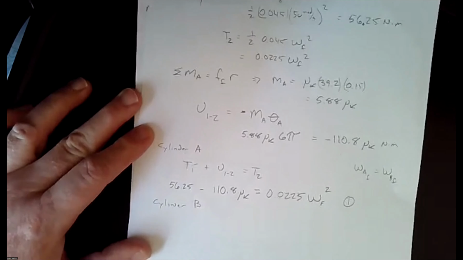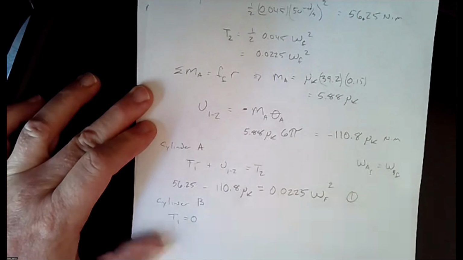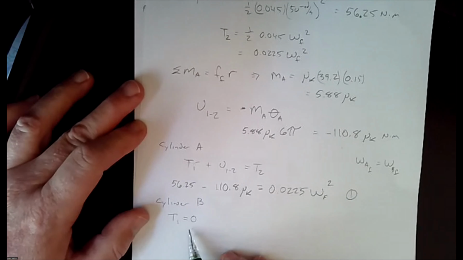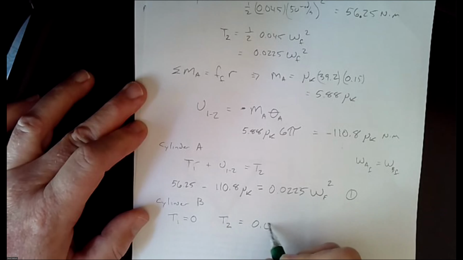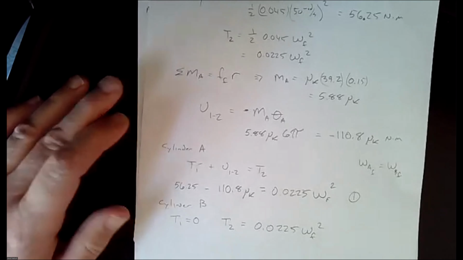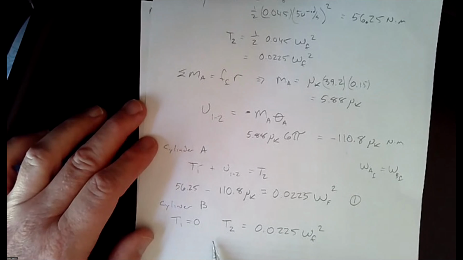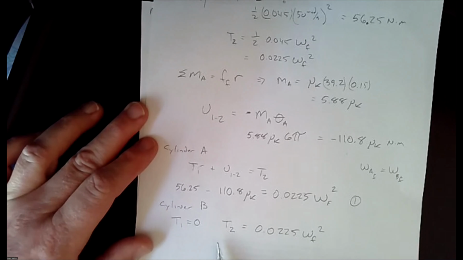So for cylinder B, we know that T1 equals 0 because we're told that initially that cylinder's at rest. And we know that T2 is going to be the same thing, 0.0225 omega final squared. And so now it's a question of what do we have for our energy, or what is happening with our moment times theta B?